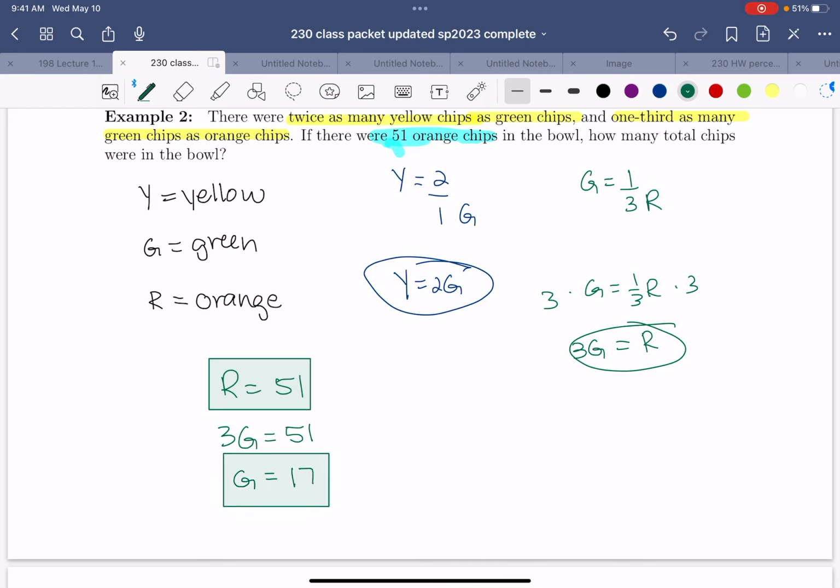Once we know that G is 17, we can plug that into our other equation, where Y is equal to 2 times G. So we're multiplying 2 times 17 to get 34. So you're going through the same process that we did with boxes, only instead of boxes, you're writing equations.